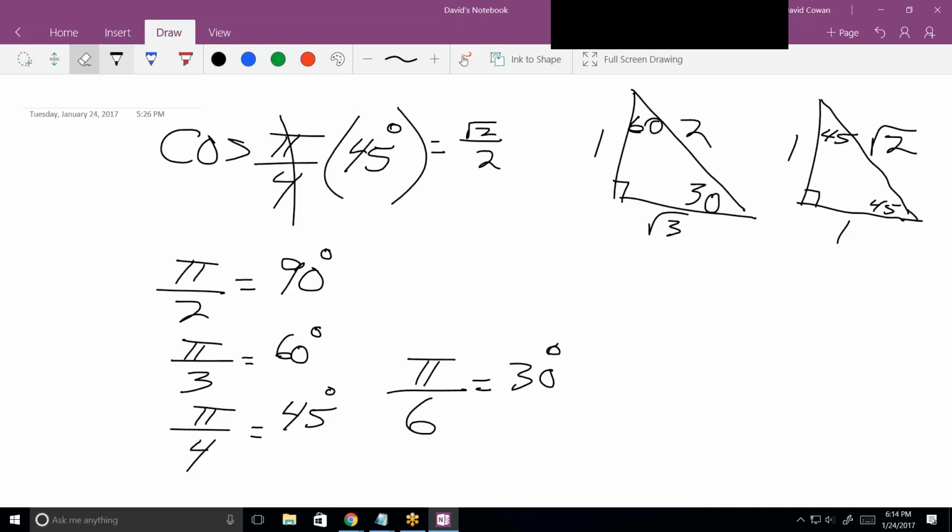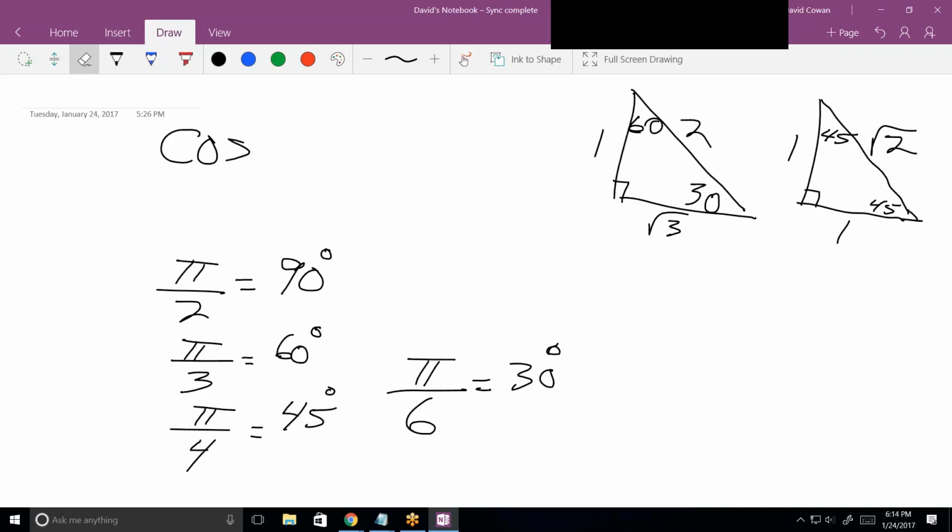All right, what's next? The next one says find the point on the unit circle that corresponds to theta equals 4 pi over 3. So what we have to solve here is the cosine of 4 pi over 3 and the sine of 4 pi over 3.